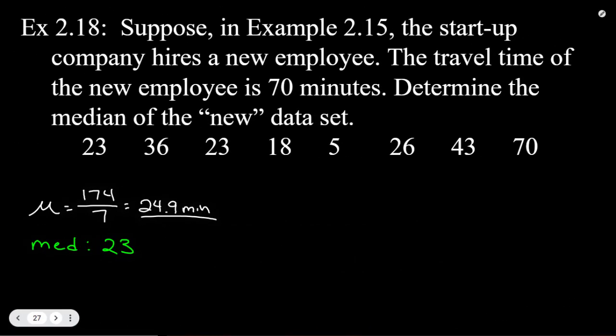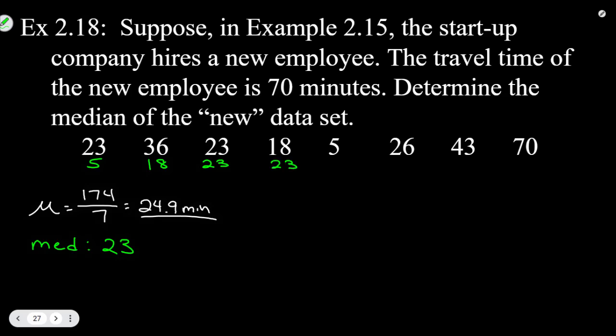For the next example, it says, suppose that this company hires a new employee and the travel time for the new employee is 70 minutes. Determine the median of the new data set. So notice we've added that 70 onto the far end, and we are going to find the median of the new data set. I should have maybe left them in order already, but here's 5, 18, 23, 23, 26, 36, 43, and 70.